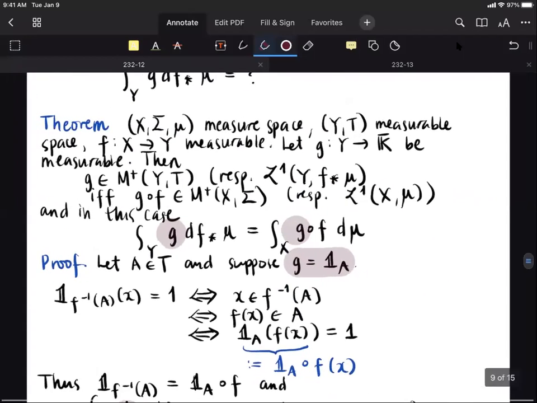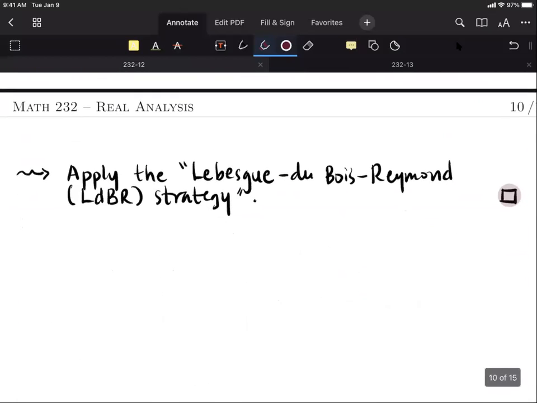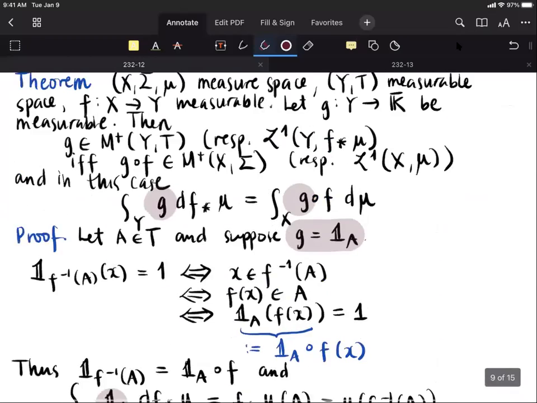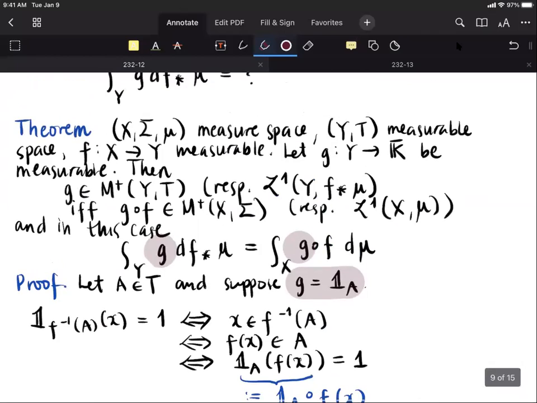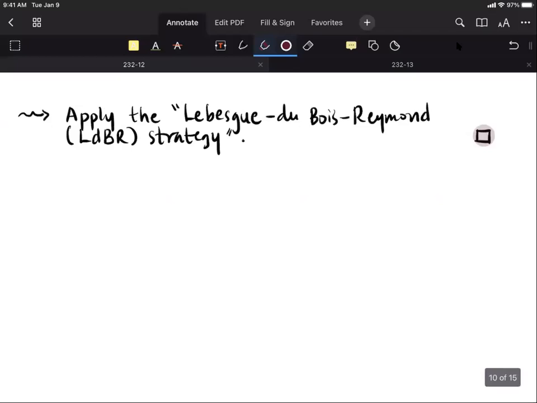So this theorem here allows us to establish the following change of variables formula, namely for, let's say, affine transformations.